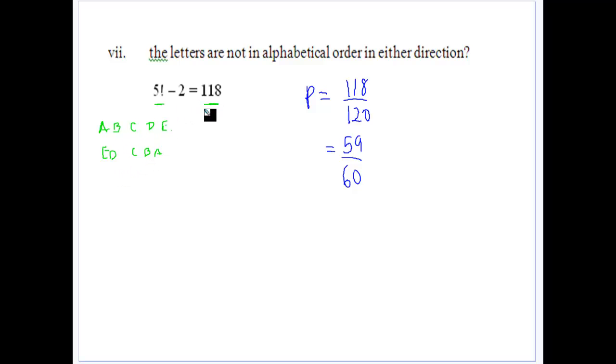So it leaves us with 118 ways that the letters are not in alphabetical order, which as a probability comes down to 59 on 60.